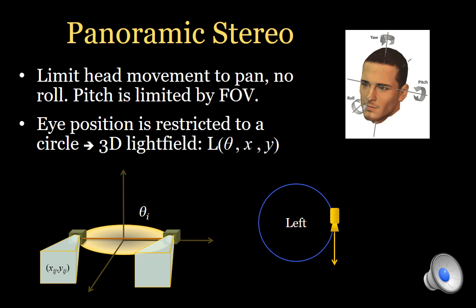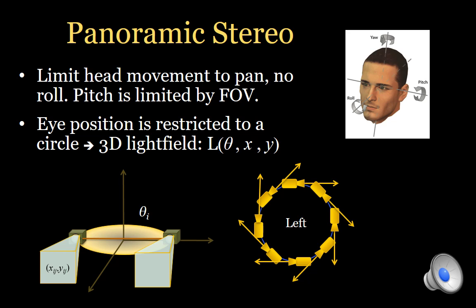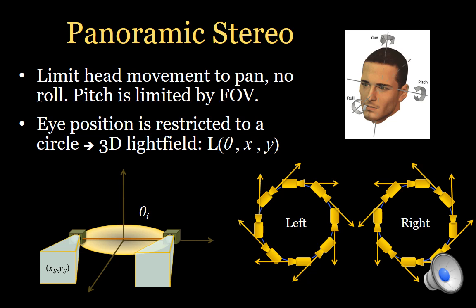Now, the pixels that you see for the left eye and the right eye are different, and hence one could imagine that you have a series of cameras that would capture the left eye view along a circle and another series of cameras that capture the right eye view along the same circle, however in the opposite direction. Note that these two circles are in fact concentric.